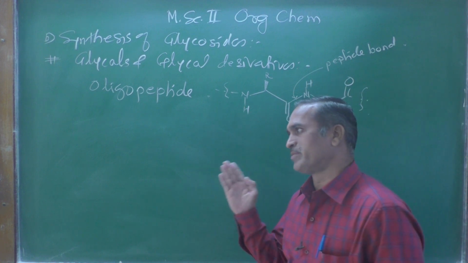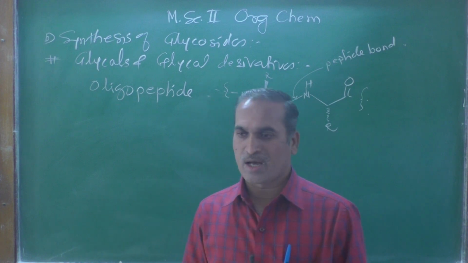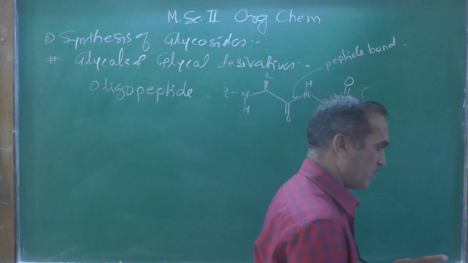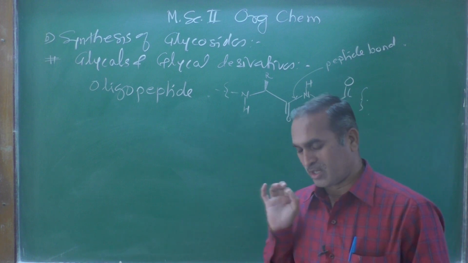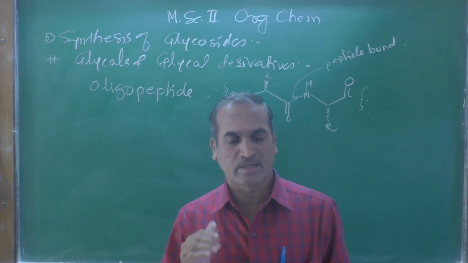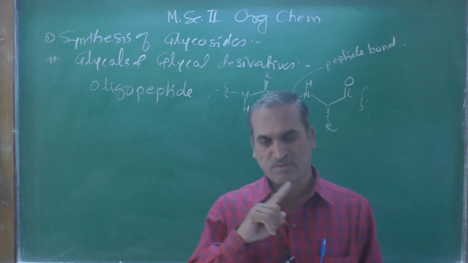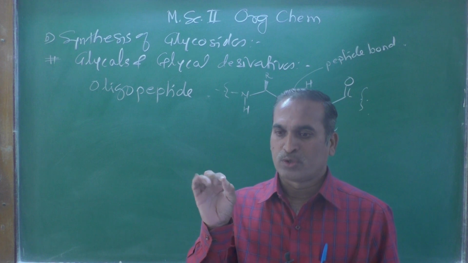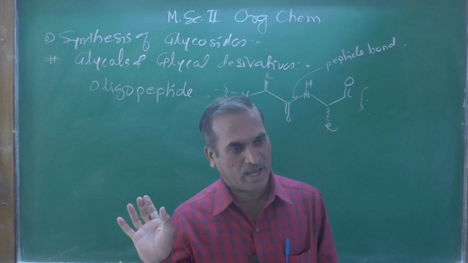And the rest of the 19 naturally occurring amino acids are optically active because they exhibit a chiral center. As we know, generally those organic compounds containing a chiral center are optically active in nature. If there is only one chiral center, they definitely exhibit optical activity.